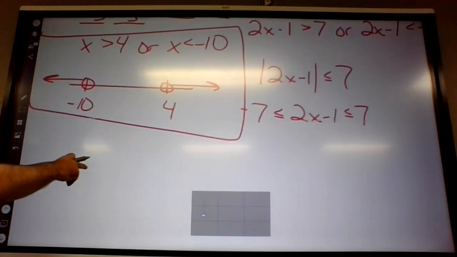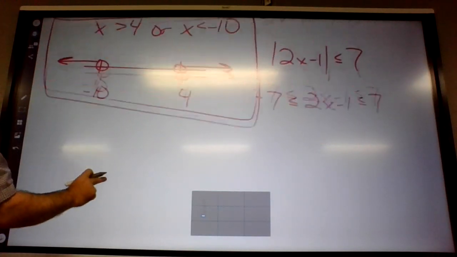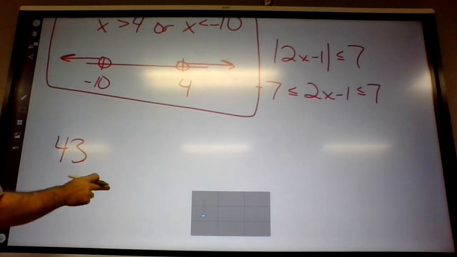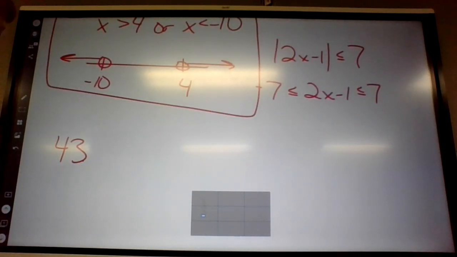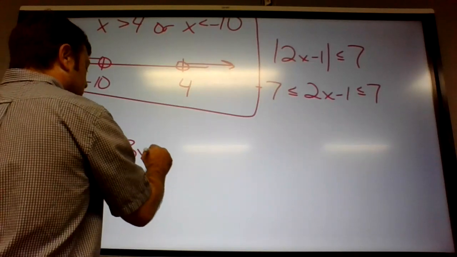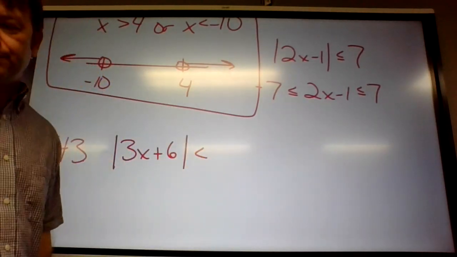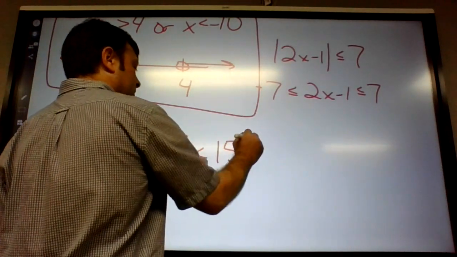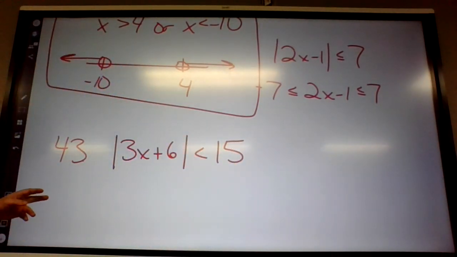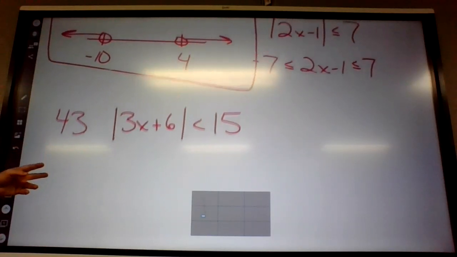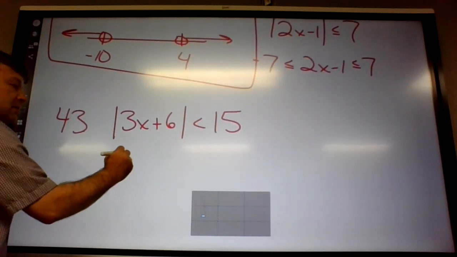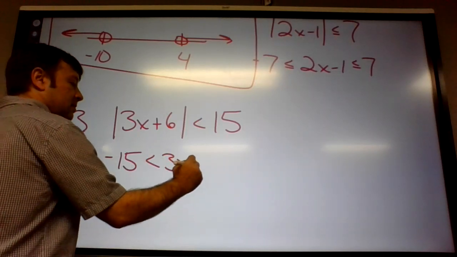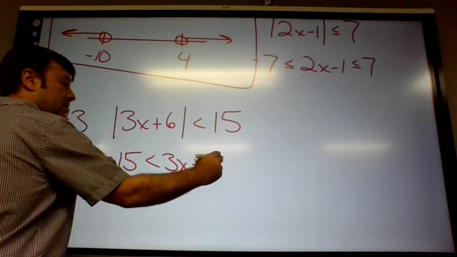Alright, and 43, the last one. Is a less than. Somebody else, how does less than set up? In between. Negative 15 is less than 3x plus 6 is less than 15.